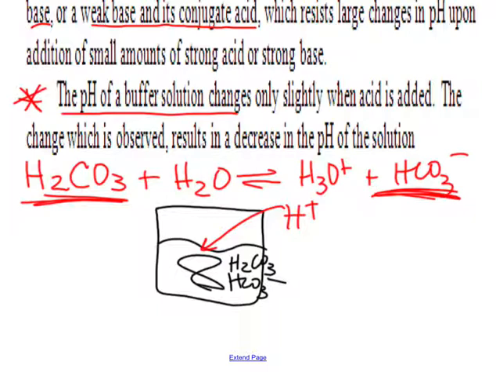Which one of these two components would react with H+? So H+ would be absorbed by the HCO3 minus, and this is not an equilibrium thing, okay? When we have an attack of an invader to a buffer, it is going to completion.